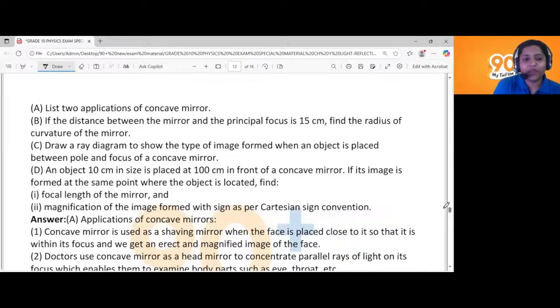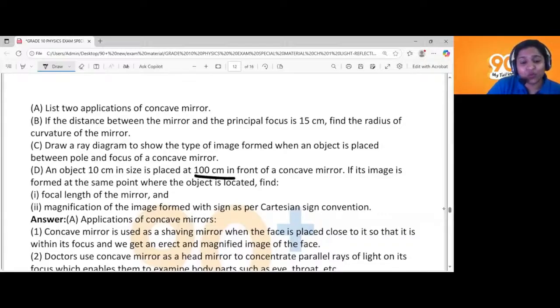Question D. An object 10 centimeter in size is placed at 100 centimeter in front of a concave mirror. So the height of the object is 10, and it is placed at 100 centimeter in front of a concave mirror. What do you mean by that?